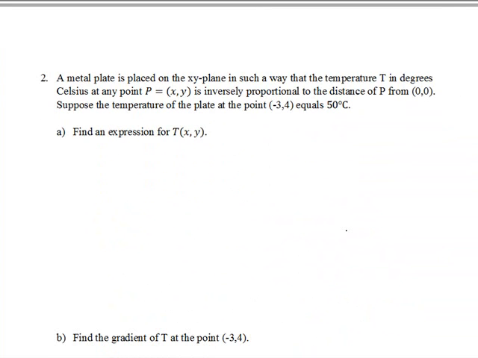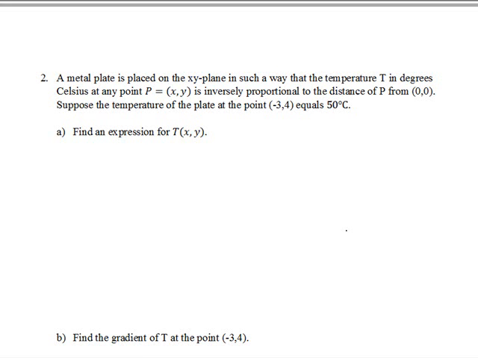A metal plate is placed on the XY plane in such a way that the temperature T in degrees Celsius at any point P is inversely proportional to the distance of P from the origin. Suppose the temperature of the plate at the point (-3, 4) equals 50 degrees. Find an expression for T.